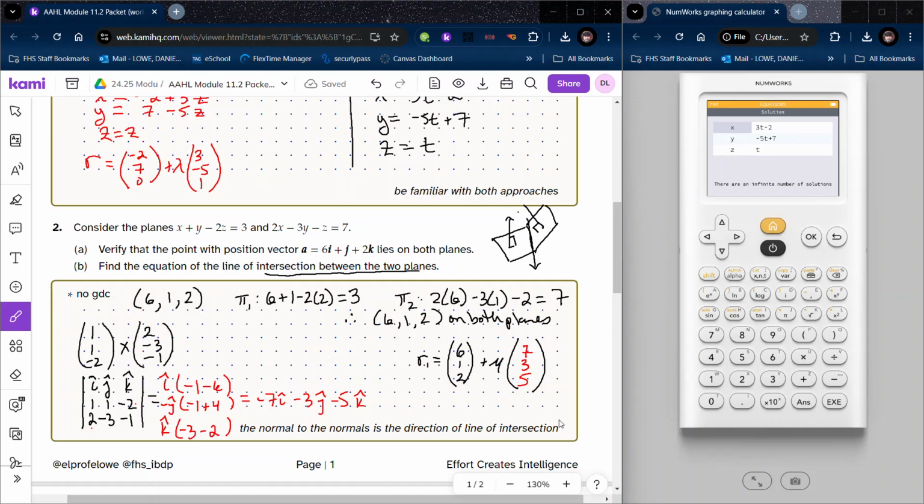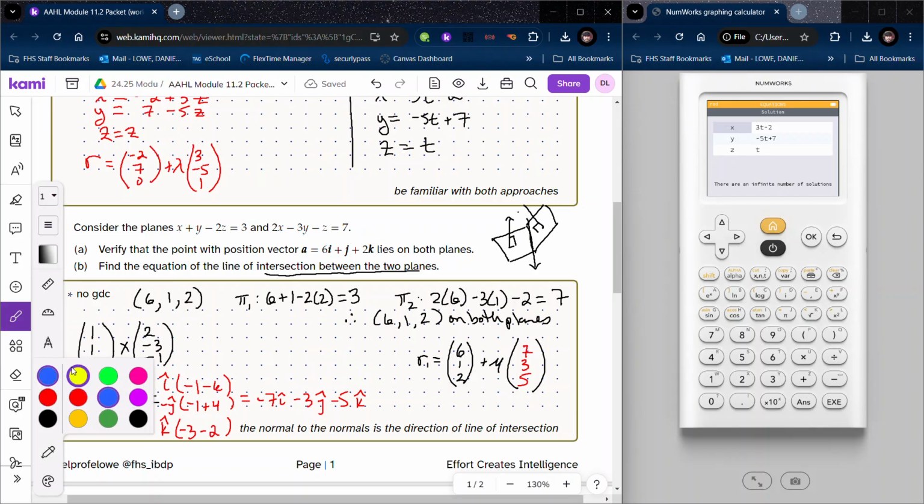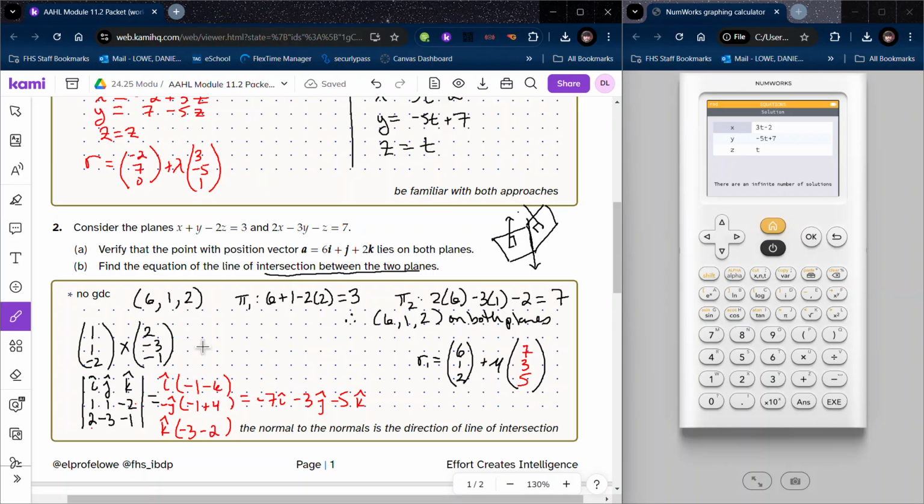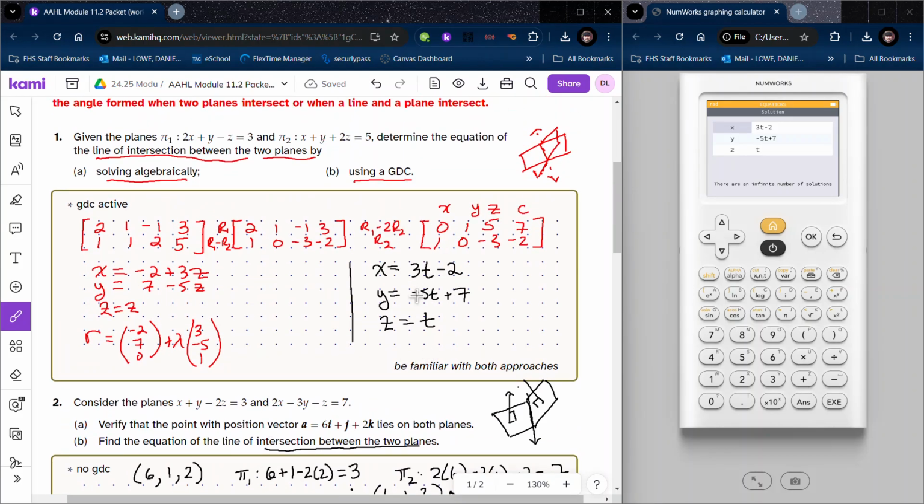So a couple of approaches for finding the equation of a line of intersection. If we know a point on both planes, then certainly this cross product approach is a bit more efficient. If we have a calculator, we need to understand what the calculator represents. And of course, we can solve by elimination or by row reduction to get to our solution.